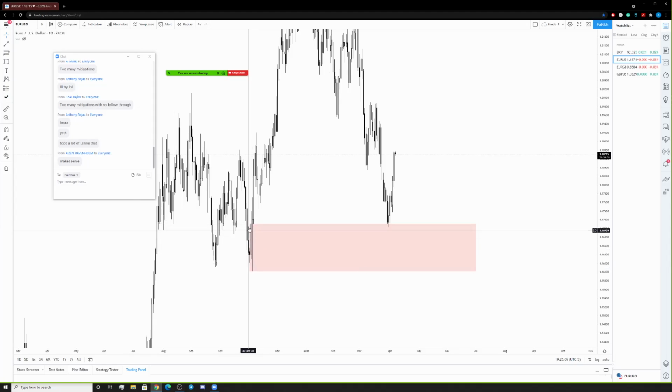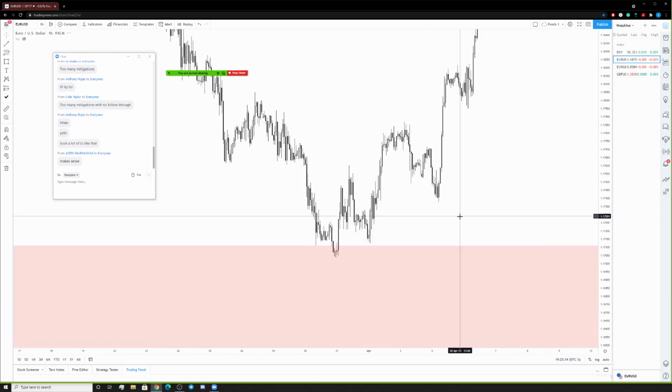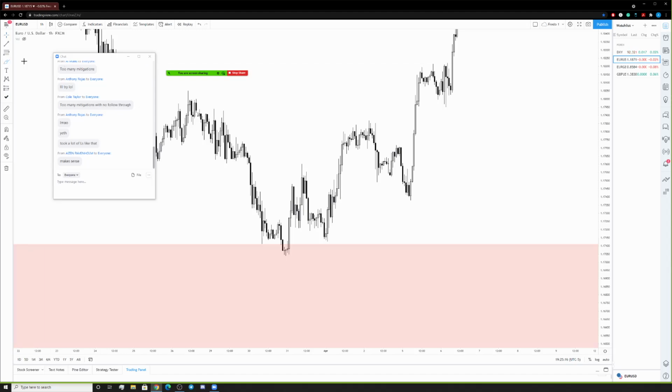Final push down, wick concept to then create the move up. As you can see, we came down and gave a proper bullish break.